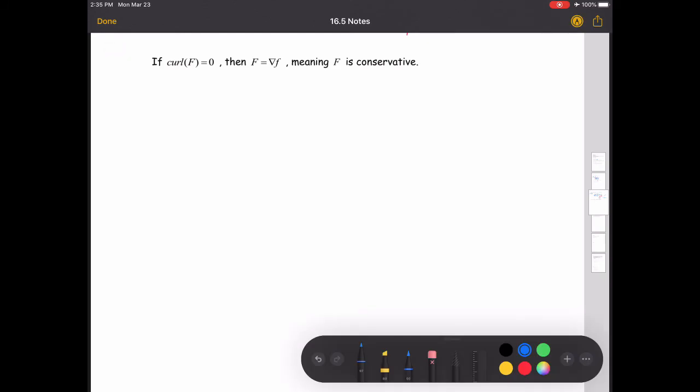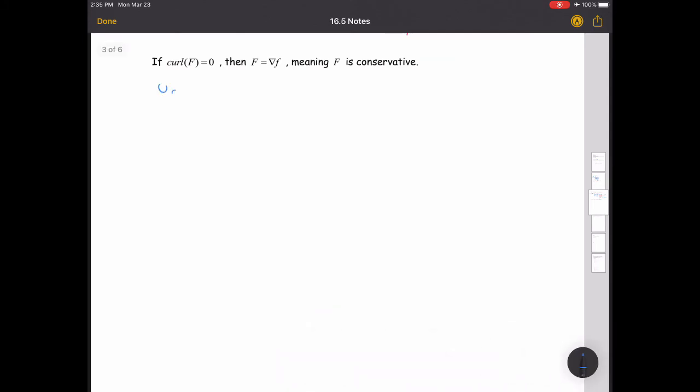So what we used to have was some vector field equal to some P, Q in 2 dimensions.